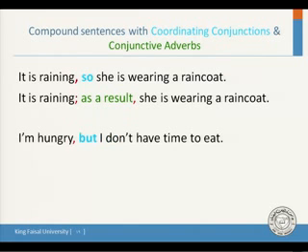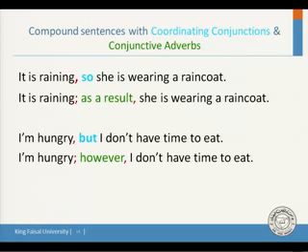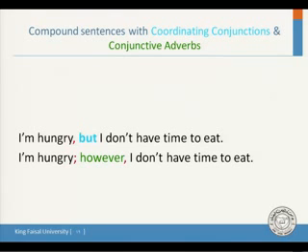Another example. I am hungry, but I don't have time to eat. You remember the meaning of but in the previous slide? I am hungry, however, I don't have time to eat. These two sentences mean the same. So look at these two sentences again.